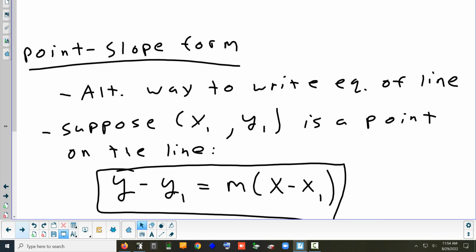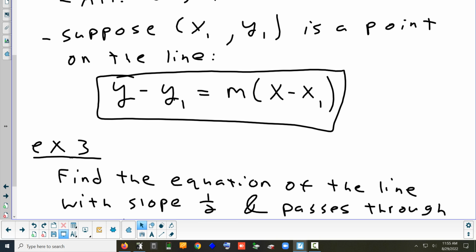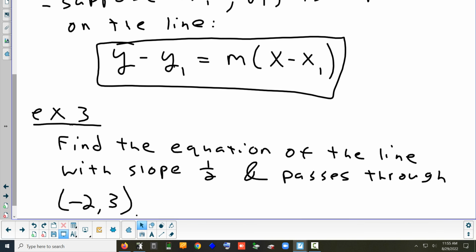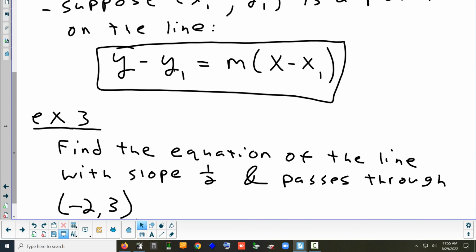Another way we can write the equation of a line is point slope. Point slope is useful if they give you a point like 5, 2 and a slope of 3, and they say find an equation of the line that goes through that particular point and has that slope. You can use point slope. So in this problem, it says find an equation of a line with a slope of a half, and it goes through the point -2, 3.